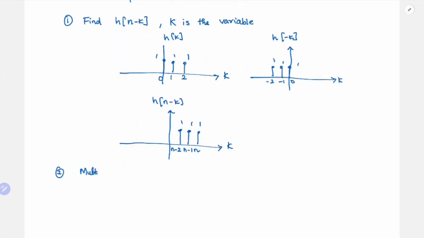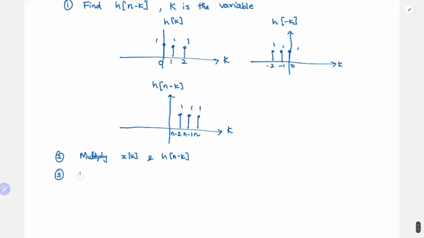Multiply x of k and h of n minus k. Okay. And what I have to do? Keep shifting n and find y of n for each n.